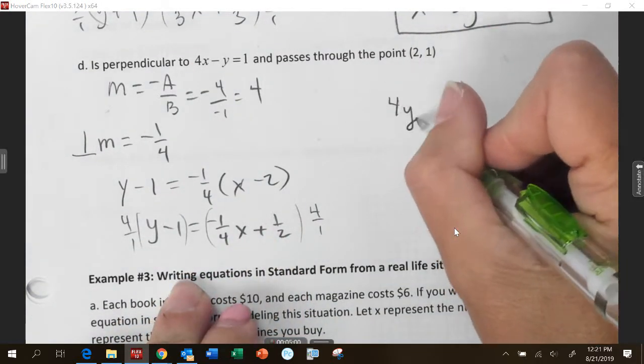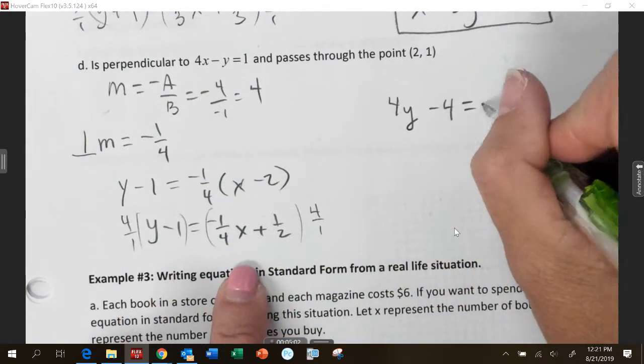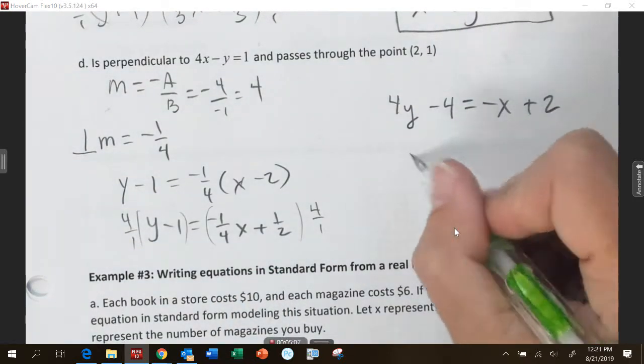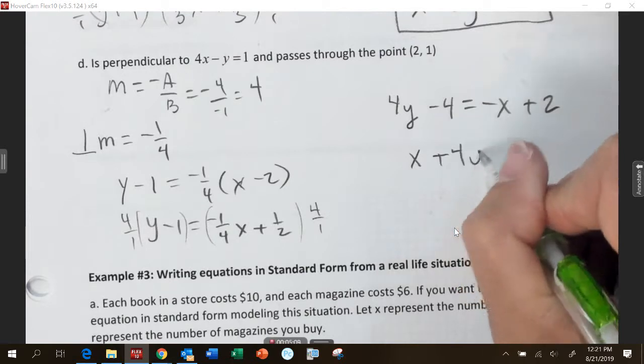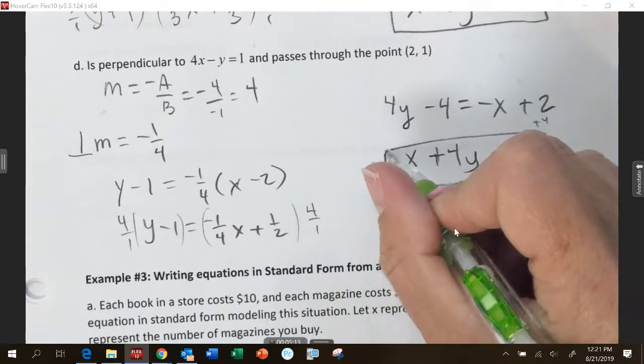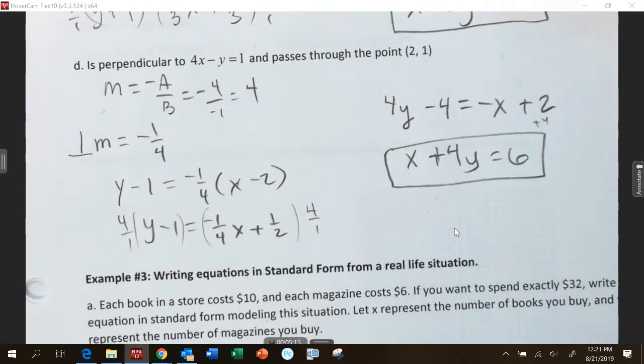So we get 4y minus 4 equals negative x plus 2. And we rearrange our terms. I think I did it right. x plus 4y equals 6.